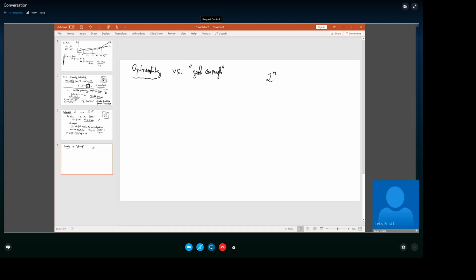Now, I can do something else. I can say, okay, I'm going to do what is known as descending first fit. So what happens here is that I have an instance of bin packing, which is, of course, a sequence of n numbers between 0 and 1. And so I have a number of bins required by optimal.